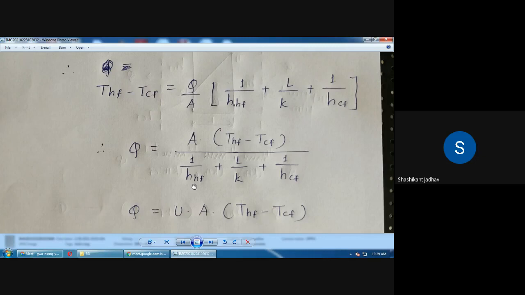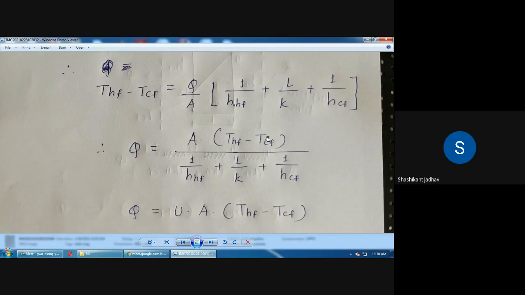So the remaining term is equal to U. What is the remaining term? The remaining term is nothing but 1 divided by the bracket 1 upon HHF plus L by K plus 1 upon HCF. That term is nothing but the overall heat transfer coefficient for that particular system.